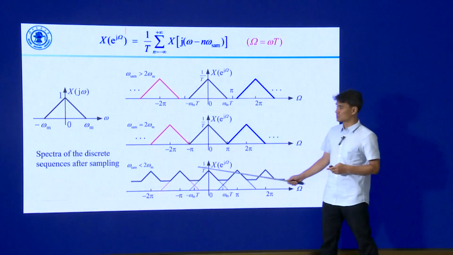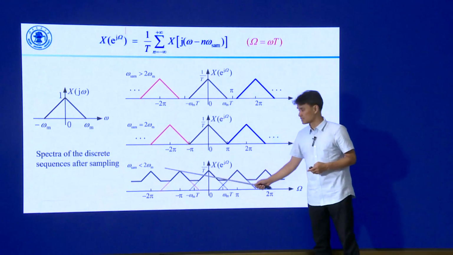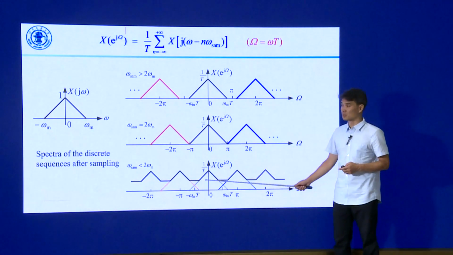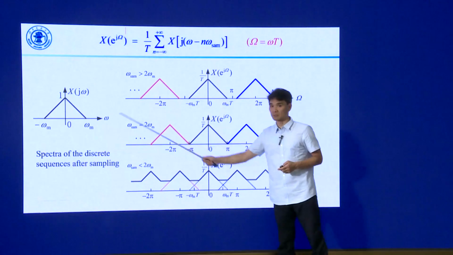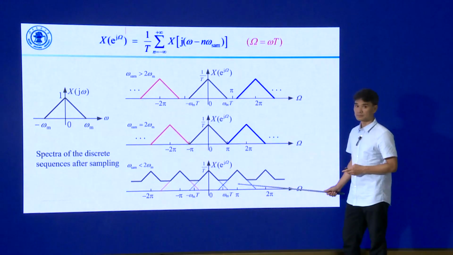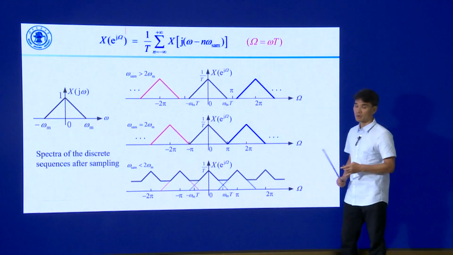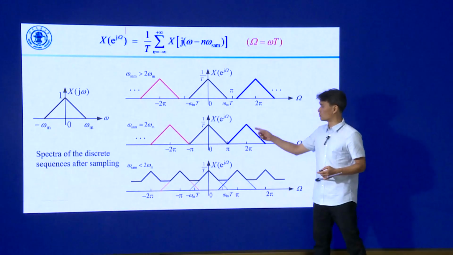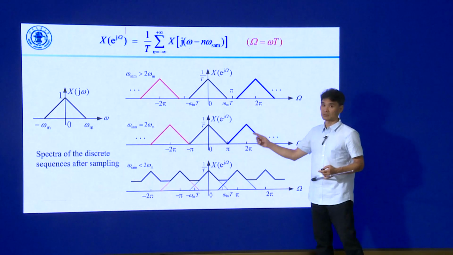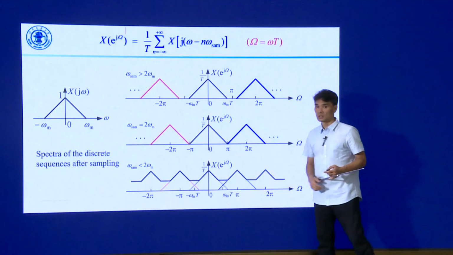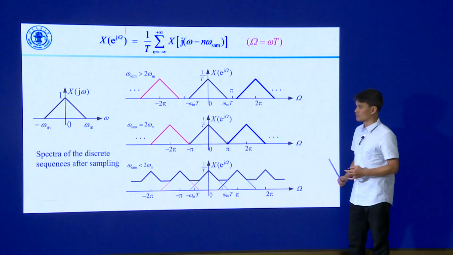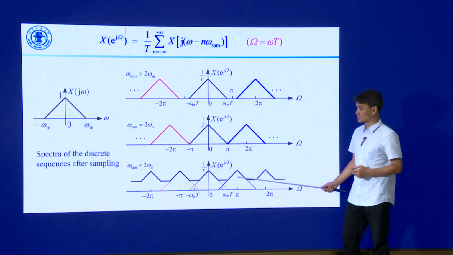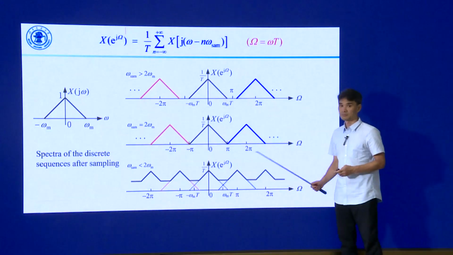However, if you push over the limits, then the individual shape of the waveform of the original spectrum is going to be lost. That will be problematic because you won't be able to get the original spectrum out. In other words, you won't be able to recover the original signal x of t using this sampled signal.